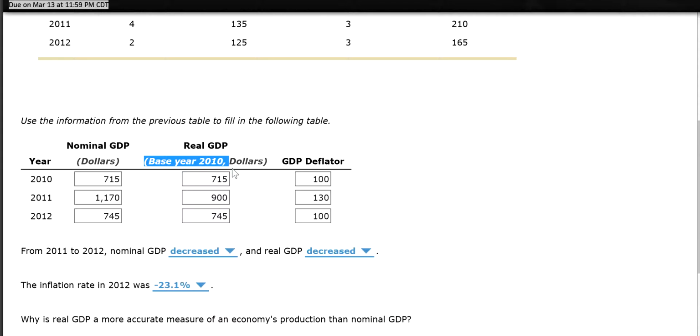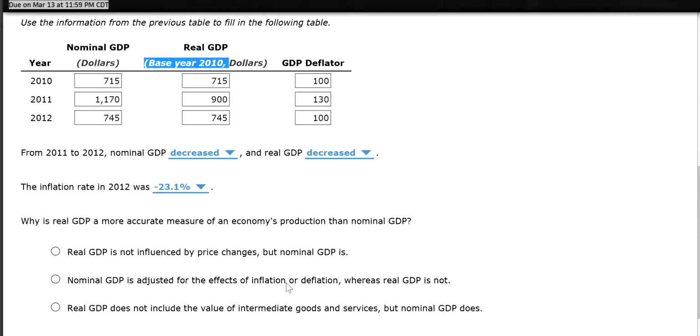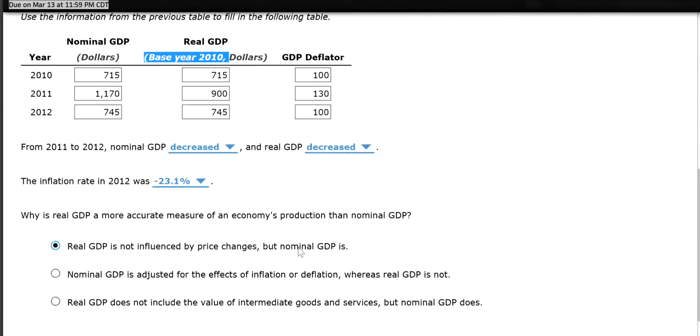So price never changes. So if you're holding the price factor the same, then if your real GDP changed, that means your quantity changed and nothing else. So therefore, your real GDP is a better and a more accurate measurement of your production in the economy. All right. So A says real GDP is not influenced by price change, but nominal GDP is, and this is the right answer.